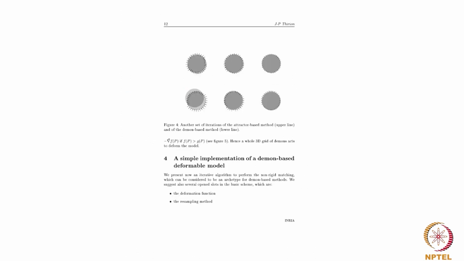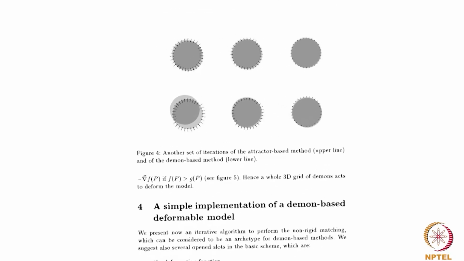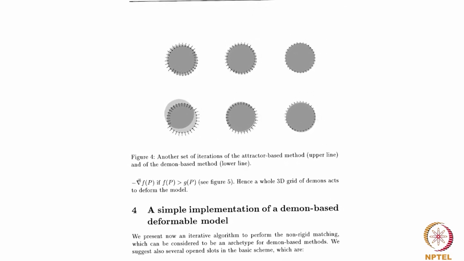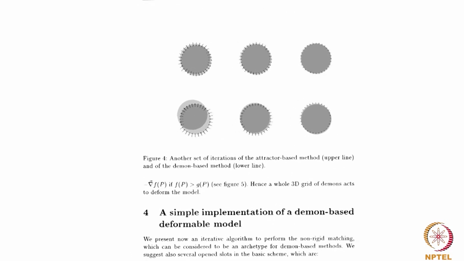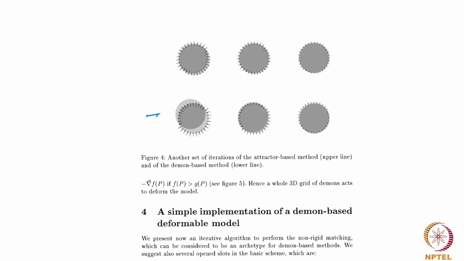Let us see this example. So here it's been completely moved in, and as the author states, according to minus gradient of f if f of p is greater than g of p.